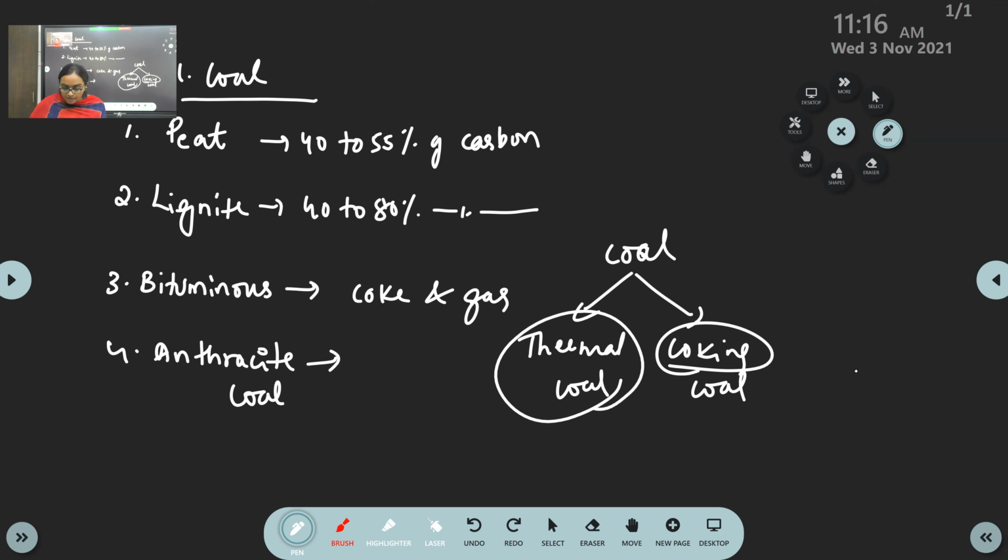Next point, efficiency of Indian coal mining is very low. That is the lack of technology and equipment.